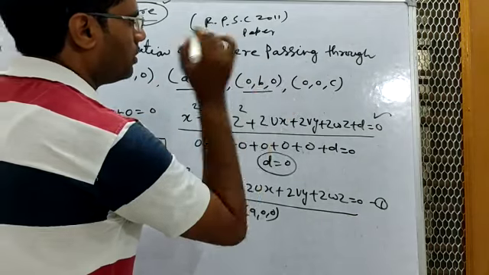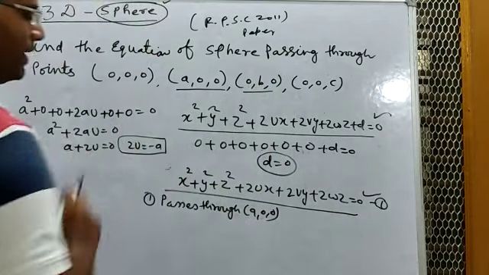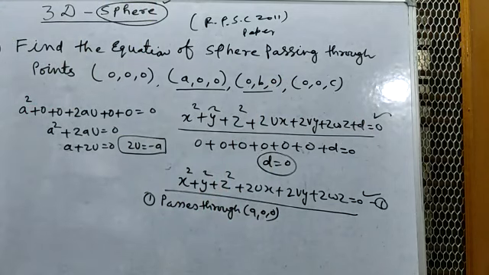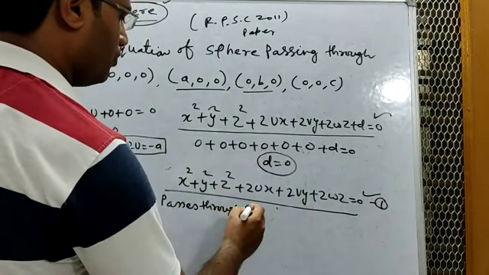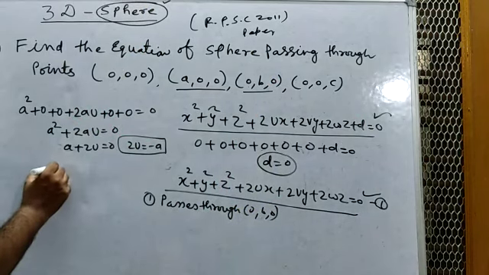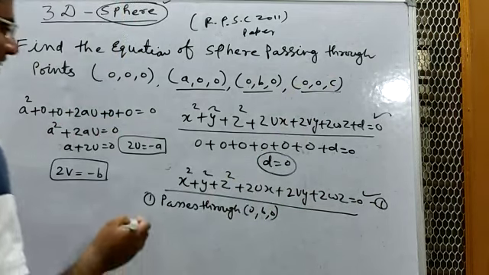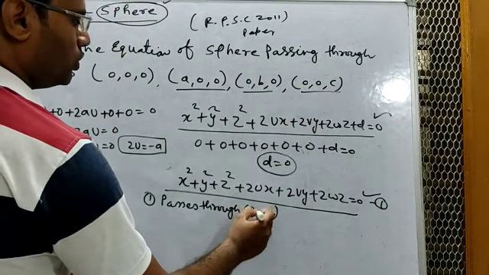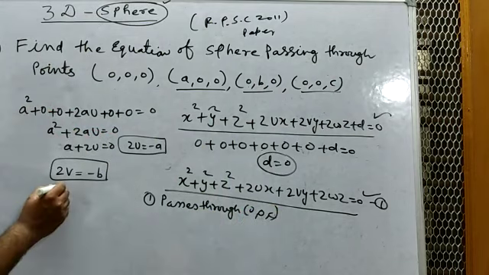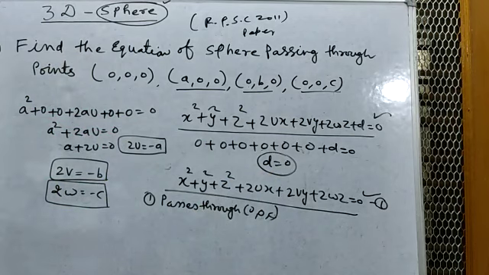Hence, when we put this value, because it also goes through the point 0, B, 0, we will get the same kind of equation, 2v equal to minus B. When this sphere equation number 1 passes through 0, 0, C, we will get 2w equal to minus C. Friends, we get 4 values.